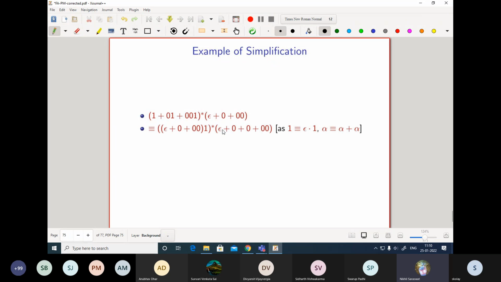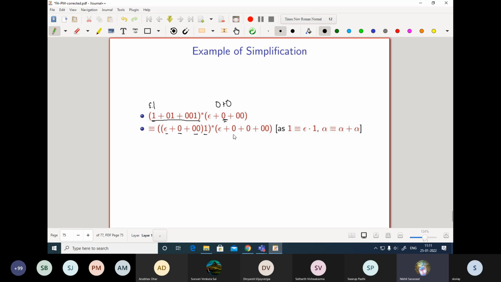So the first thing I apply is I write this 1 as epsilon concatenated with 1. And I write this 0 as 0 plus 0. And I get the following expressions. So if I write this 1 as epsilon concatenated with 1, I can take this 1 out as common. And inside I rewrite this expression as epsilon plus 0 plus 0 0 concatenated with 1 whole star.